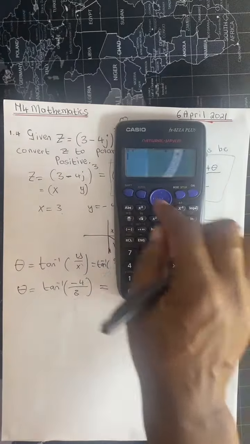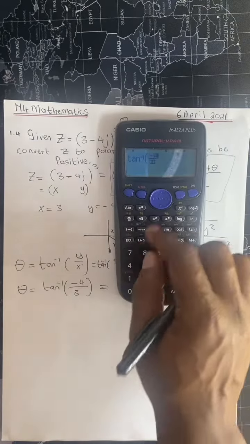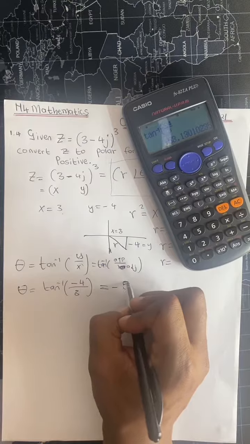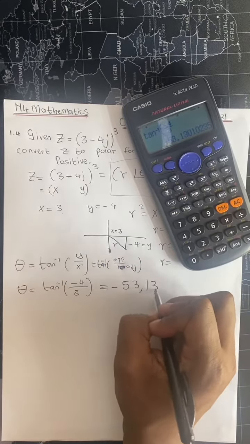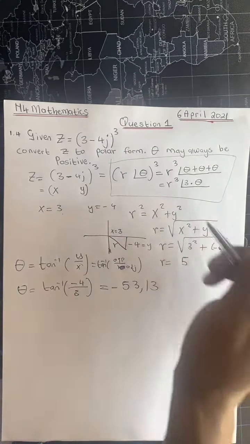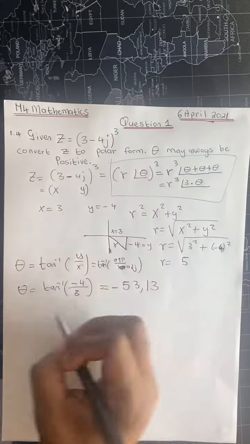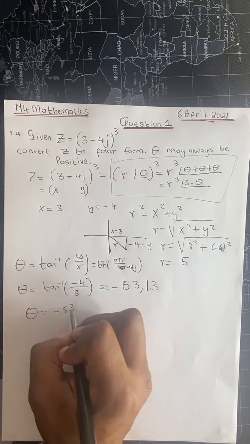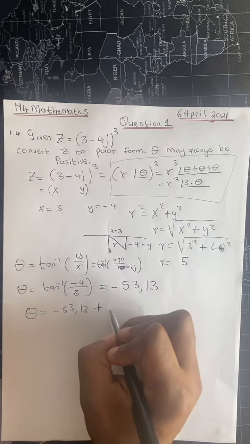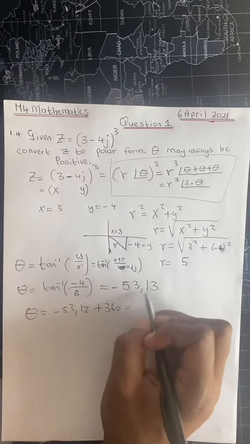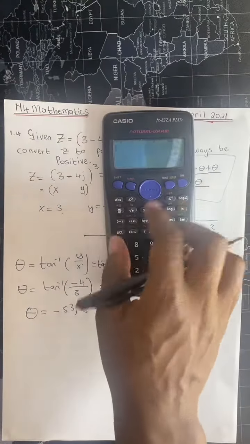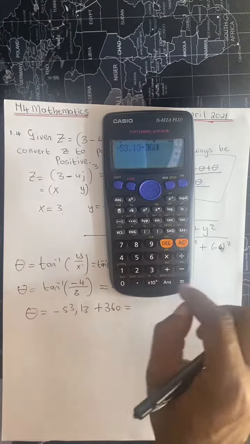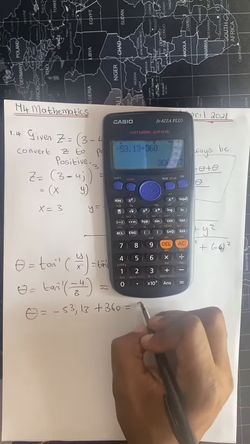Arctan of negative 4 over 3 is equal to negative 53,13. And we were told that theta must always be positive, so we can add 360 degrees to this negative 53,13. So negative 53,13 plus 360 is equal to 306,87.